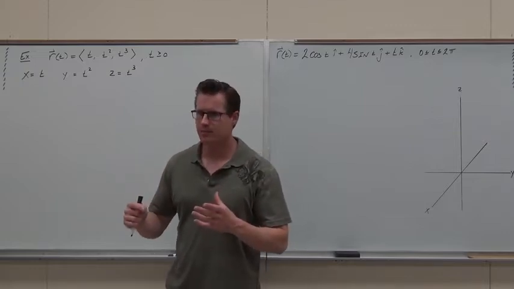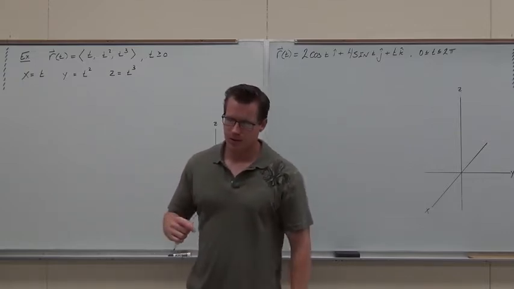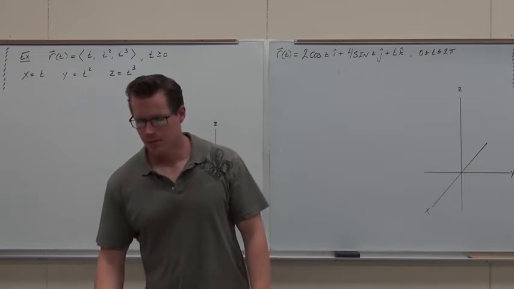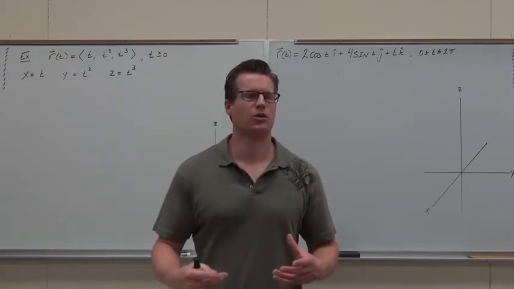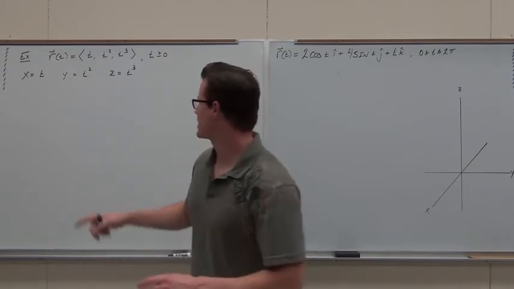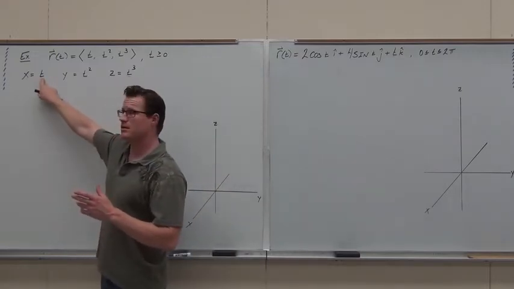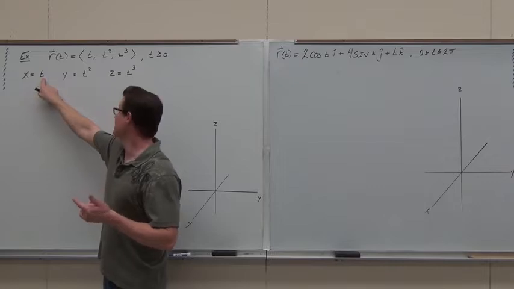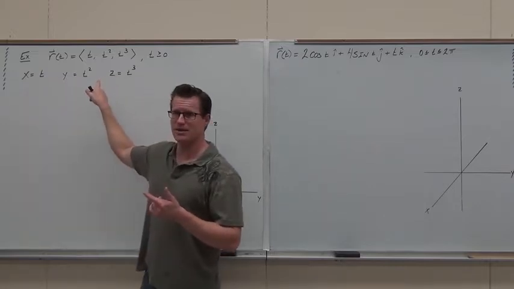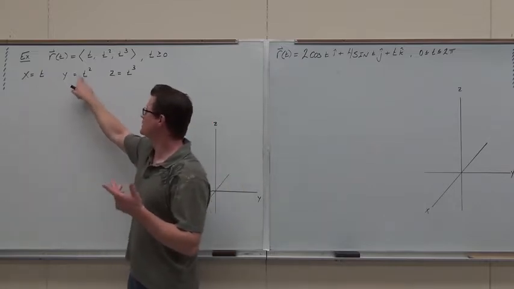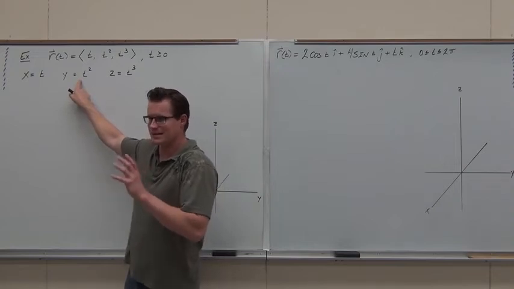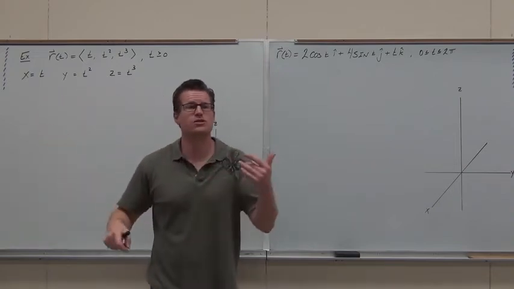How do we do that? Use a couple components that are easier to work with. The idea here is t cubed, I don't know, but I see x equals t, and that's a direct substitution into either of these. Does that make sense? I'm going to do the easier one. I'm going to make this as easy as possible to try to figure out a surface.